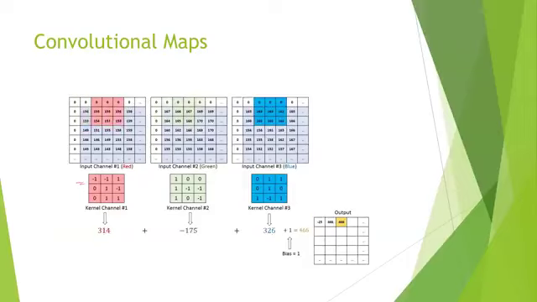Again, there is no thumb rule for this. If you add padding to the image, it will take more time. If you don't add it, certain information could be lost. So you have to take a trade-off. First go without padding and see how much accuracy you are getting.